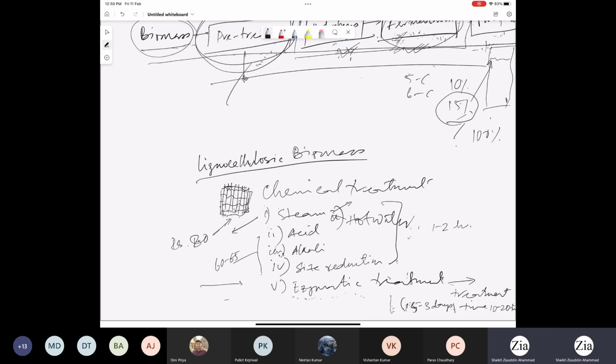Whereas when you go for the enzymatic treatment, whatever we have developed, that will cost you about 5 rupees per liter. So it is 80 rupees per liter, 60 to 65 per liter, and 5 rupees per liter. So obviously you can see a significant reduction. The only thing is that treatment time is high, whereas in other cases you can process the material at a faster rate.